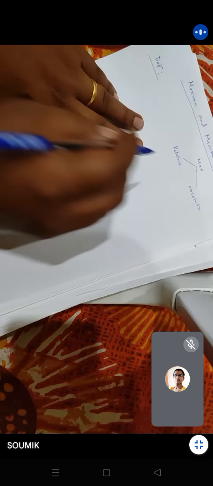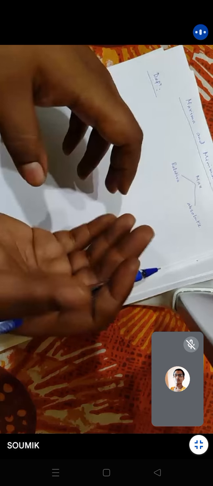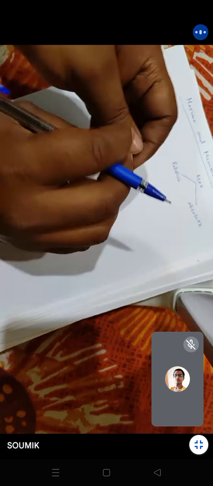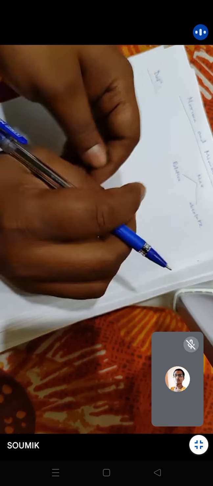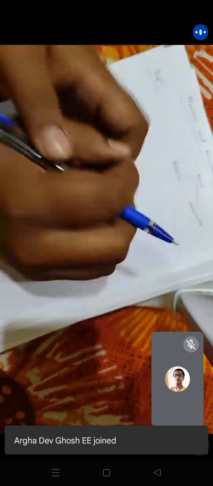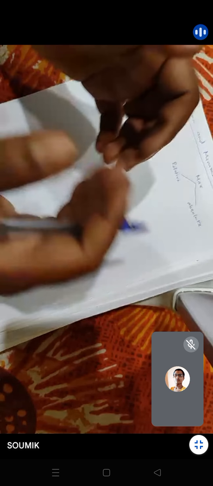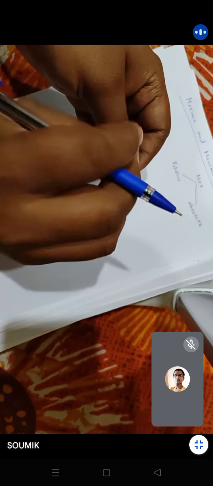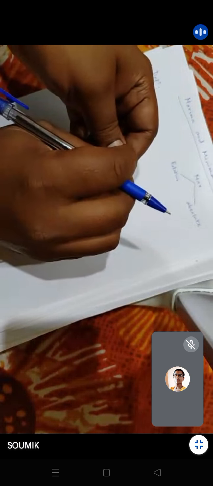If we say this point is the maximum of the function, like suppose x equals c, then there is a question: the point is maximum, I know, but is this maximum relative maximum or absolute maximum?